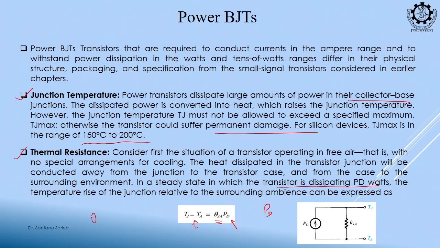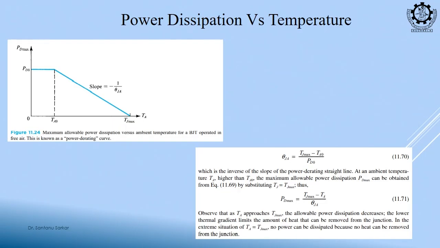So, thermal resistance, if you calculate, is del T by power. So, it is defined like this. Depending on the maximum power dissipation and maximum temperature, we can calculate its thermal resistance. Okay. Particularly for power applications, this slope is important, and they choose a device that is able to withstand that much power as well as that much temperature, that is it.